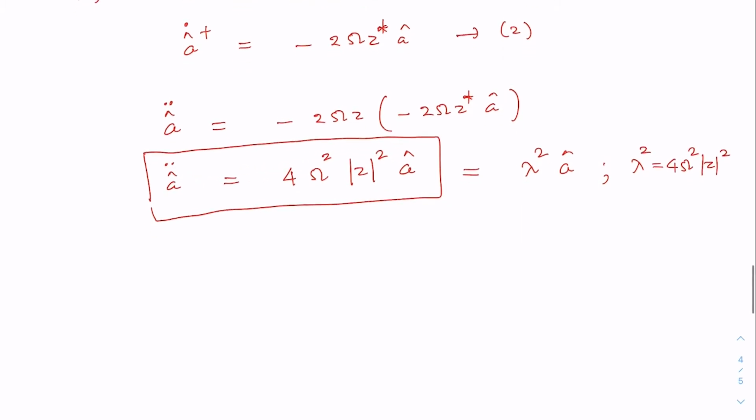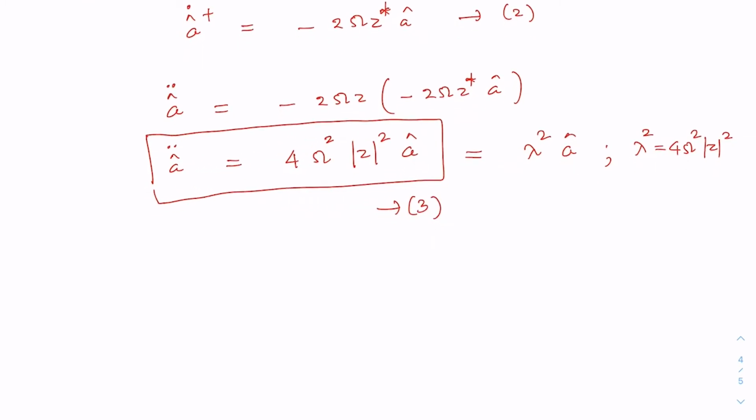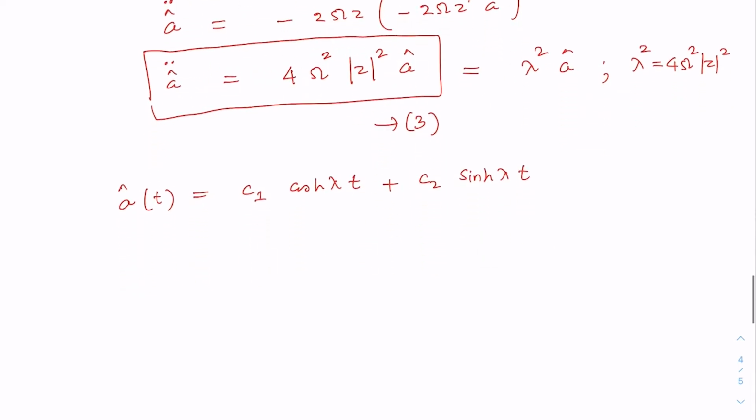Let us say this is my equation number 3. This equation could be easily solved, and we know the general solution of this type. Say a of t is equal to some constant c1 cosh λt plus c2 sinh λt. All right, and let us say this is my equation number 4.